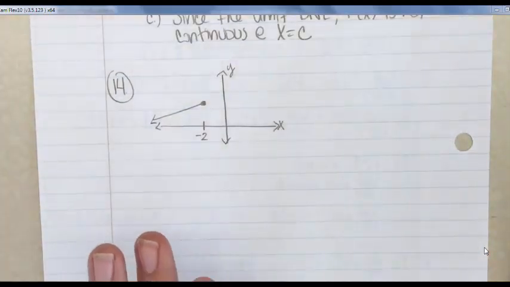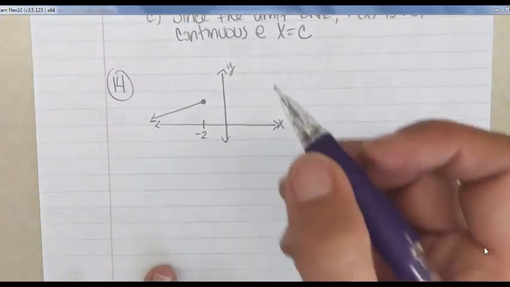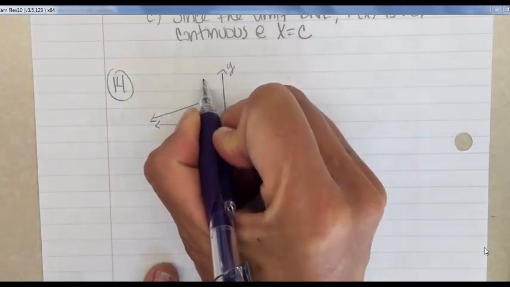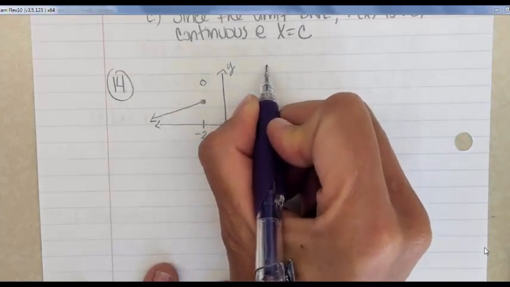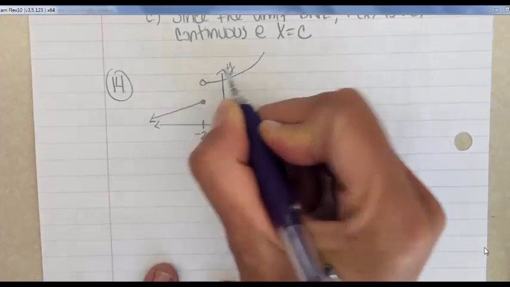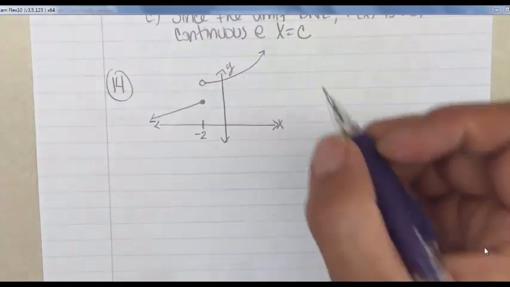However, I'm told that there is no limit as x approaches -2. So if I'm coming at it from the right, I need to have some other spot that it's approaching. And maybe this time I'll make it fancy. How about I do a curve of some sort? Ooh, look at that. And we'll call this f.